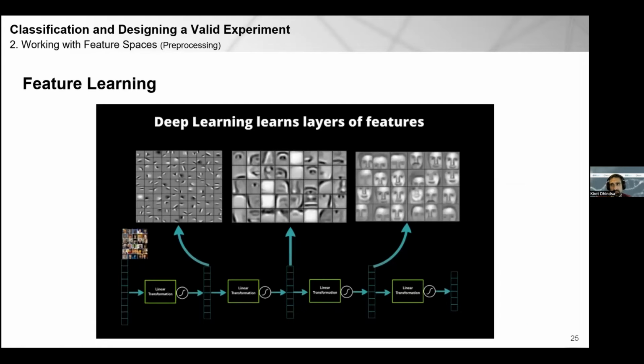So I'm just going to make, as a final note on feature spaces, a special mention of deep learning. And I probably should have mentioned earlier that we're not going to get into deep learning in this lecture because this is a much more advanced topic. I know it's not something that's extremely new anymore.